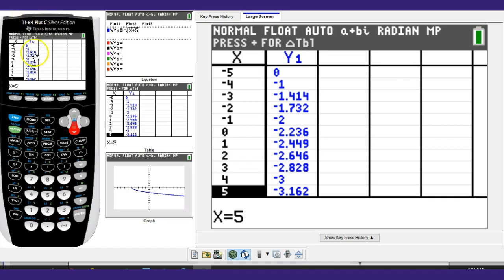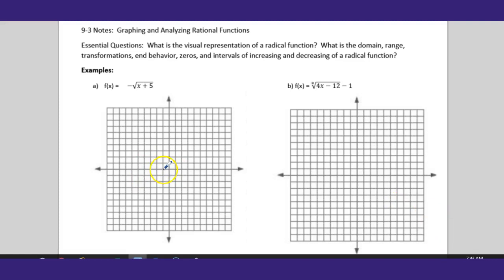So I'm going to put them on the graph. So we said 1, 2, 3, 4, 5, negative 5, 0. Then we have negative 4, negative 1, negative 1, negative 2, and there was one more, 4, negative 3. 1, 2, 3, 4, 1, 2, 3.